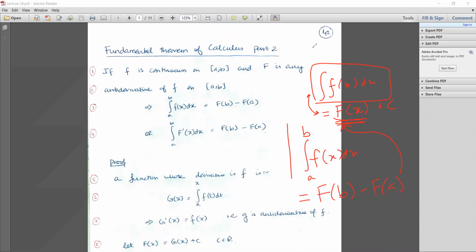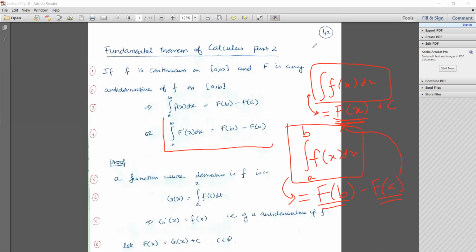So now in order to do definite integration, rather than going to Riemann sums, you can simply do indefinite integration, which is just the reverse of differentiation, right? And then evaluate that at the limits of integration and then subtract. Right?